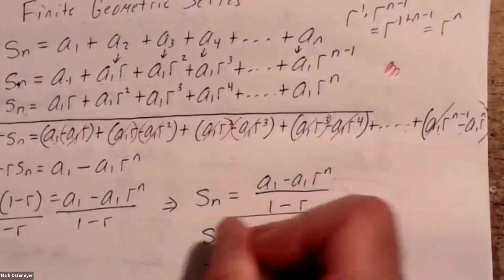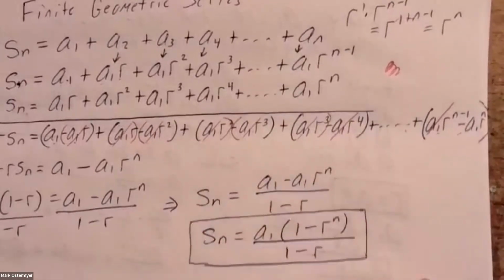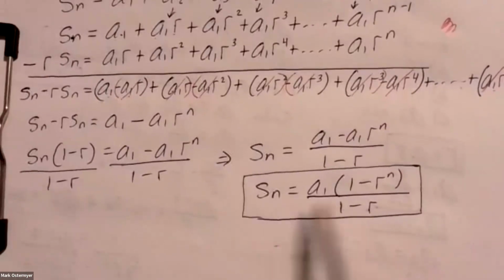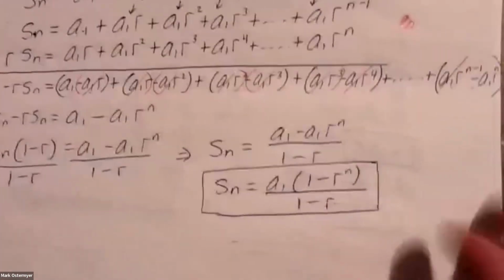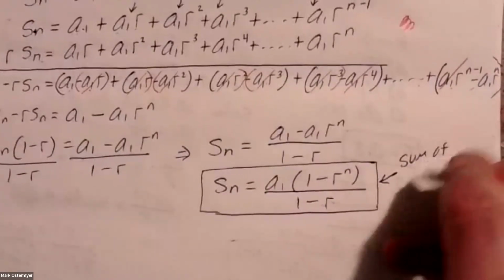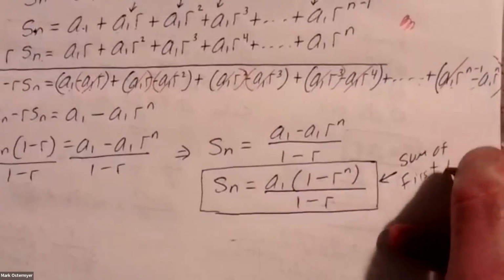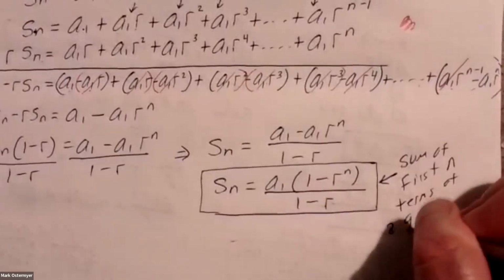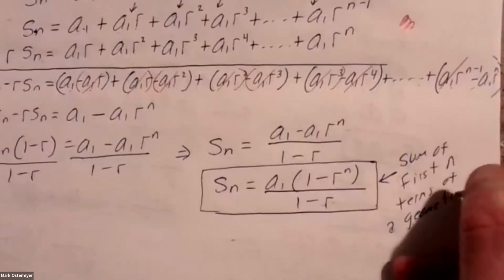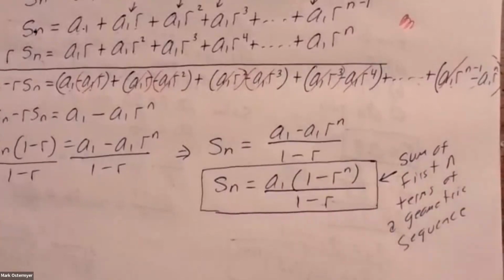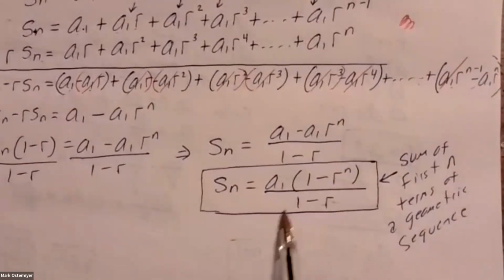This is a nice formula to know or to have handy. This will basically give you the sum of the first n terms of a geometric sequence. That's what this formula gives you.